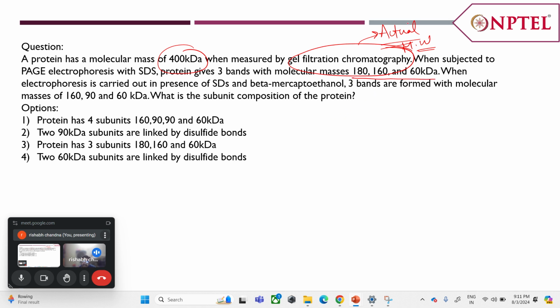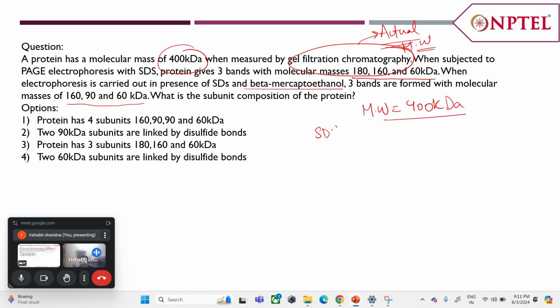Now, when this is treated with SDS and beta mercaptoethanol, that is a reducing agent, three bands are also formed at 160, 90, and 60 kilodalton. What would be the subunit composition of the protein? So the actual size of the protein is 400 kilodalton.